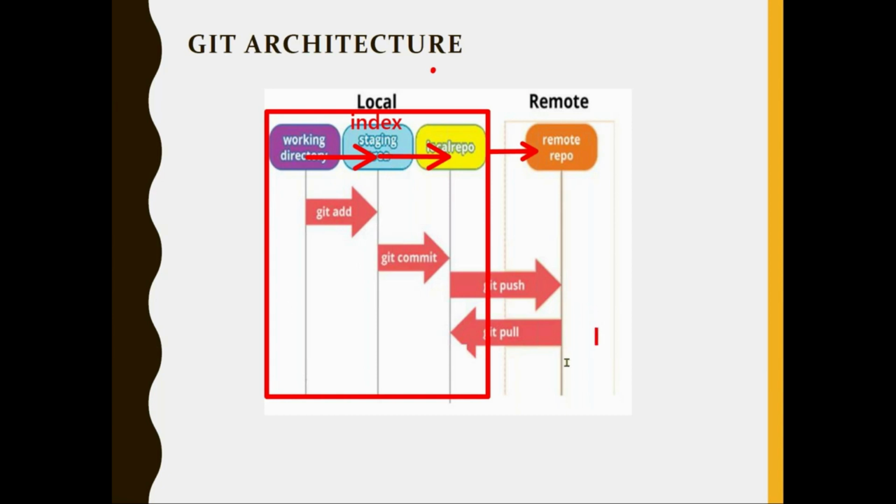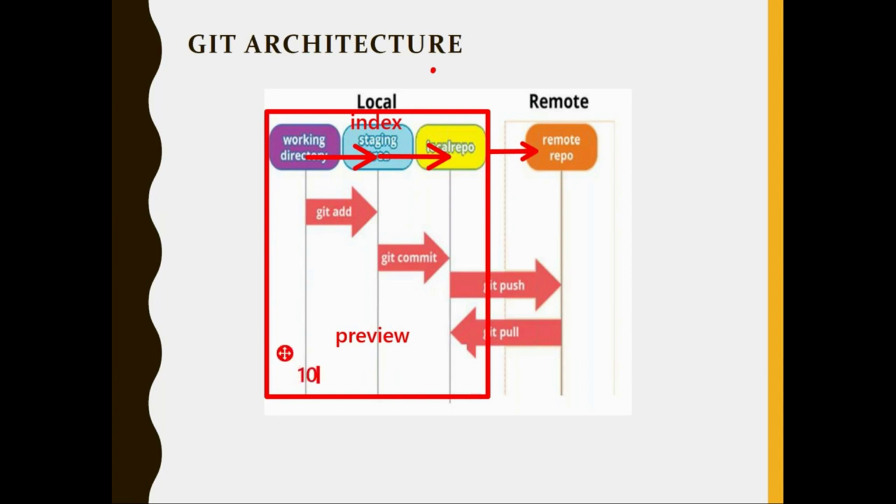This staging area works like a preview or a pre-check before your changes go to local. You may say it is a preview or pre-check, or you may say it is to have better control on what changes are going to local, what changes you want to move to local. Suppose in the working directory you have some changes.